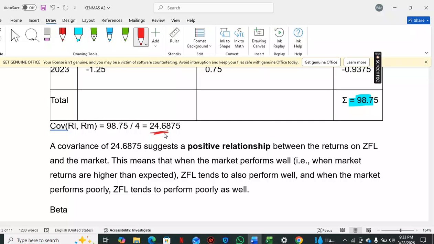For a portfolio, that is not good, because if all of them drop, you do not make any return that year. At least one should drop and the other one should be up, so that you can make some return and some money. So this positive covariance tells us that ZFL moves in the same direction as the stock market, the Lusaka Securities Exchange.